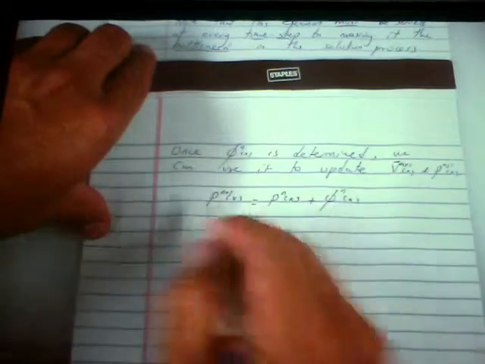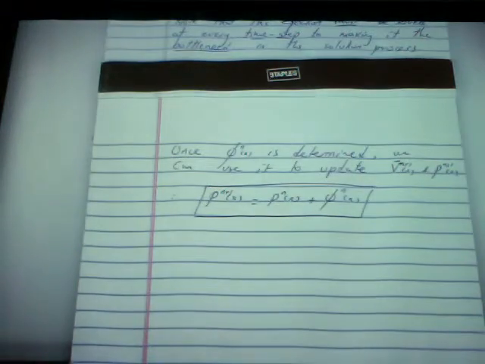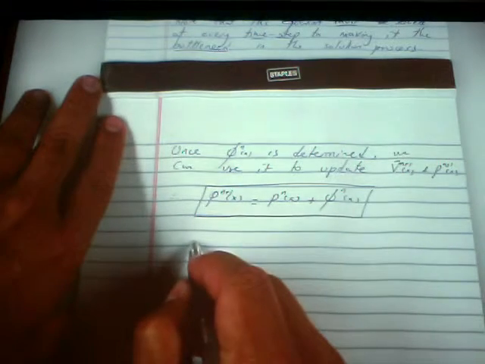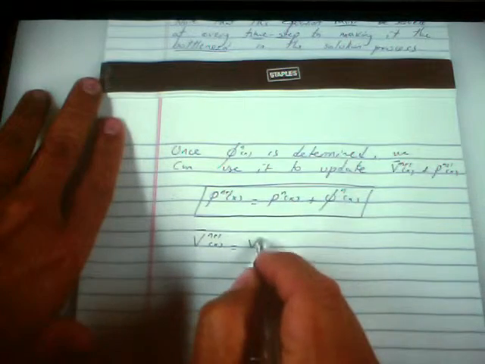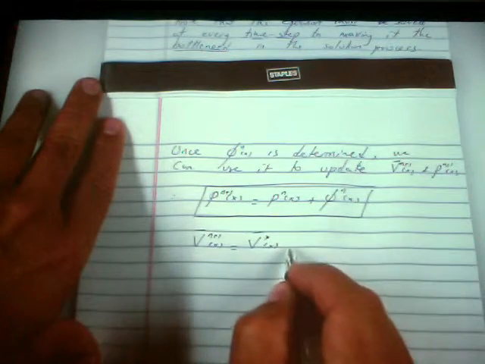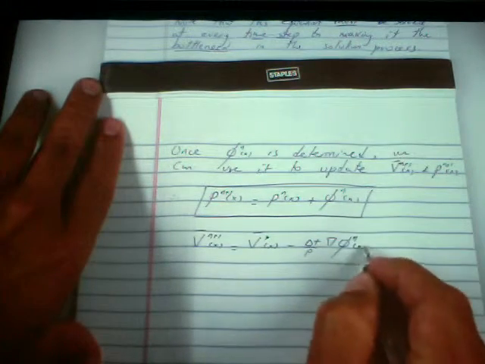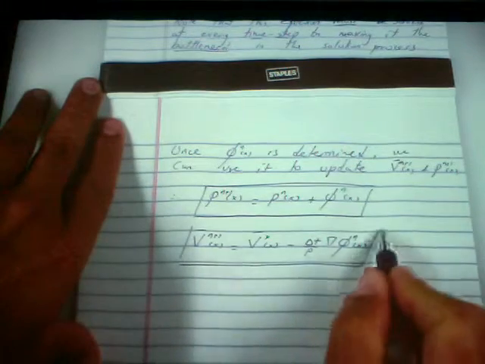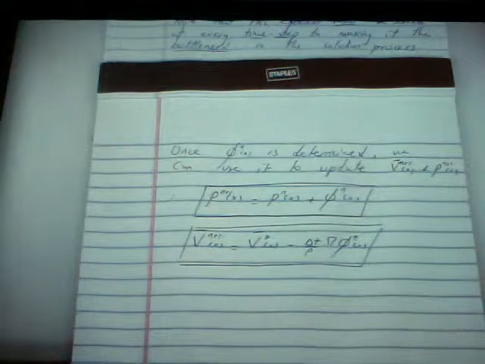It's the pressure correction. So once we determine phi, we can update the pressure this way. Now we have a new pressure. And once we know phi, we can update the velocity like this. So problem solved. It's easy to say, but a lot of things went on at every time step to get to the new time step.